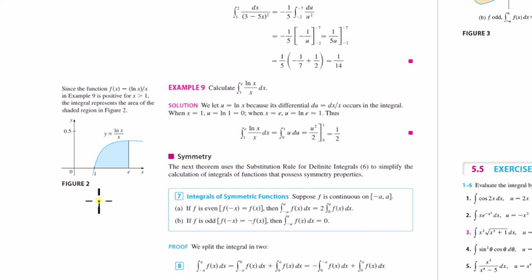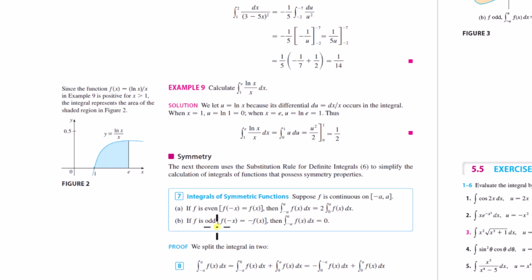And this is common sense because, here's an even function, from -a to a. The definite integral is the area under these two curves. Well, you can just find the area under this curve and multiply by 2 for an even function. So that's a definite integral property for even functions.